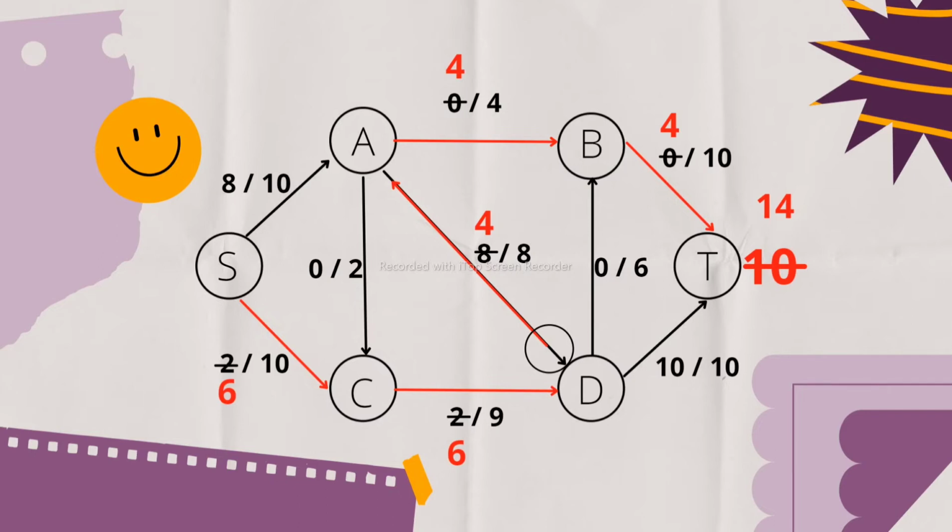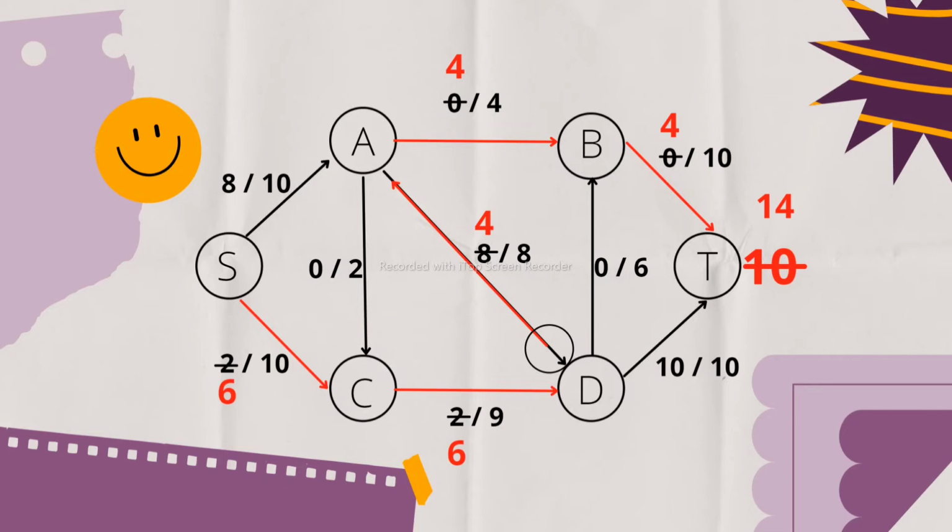Note that our path includes going from D to A, even though the edge itself is directed from A to D. This is what I mean by a backward edge. Also notice AD is not empty. So if we push 4 units from C to D, we can take away 4 units from D to A, 4 being the bottleneck capacity, from edge AD.